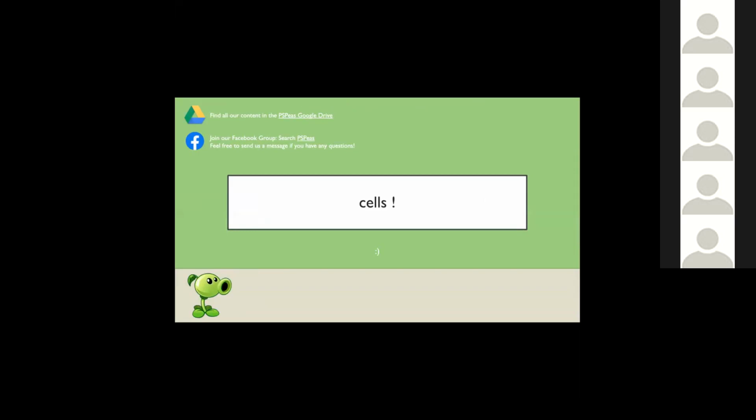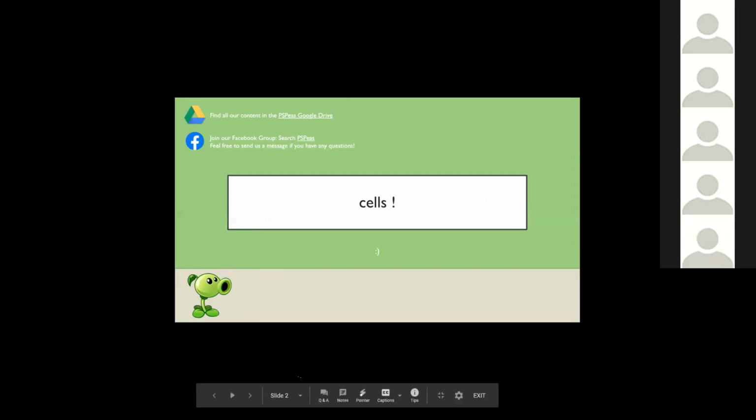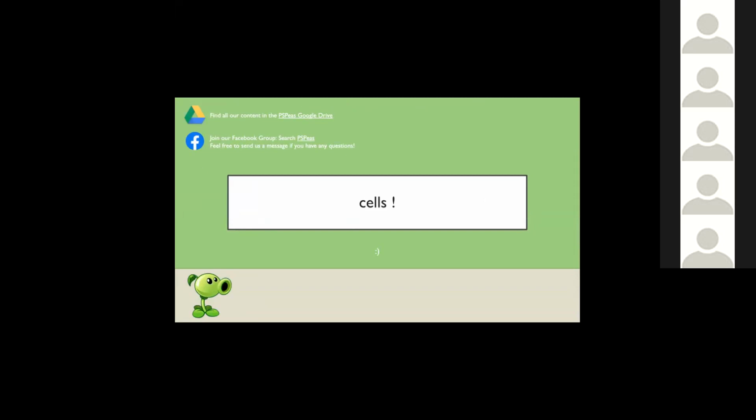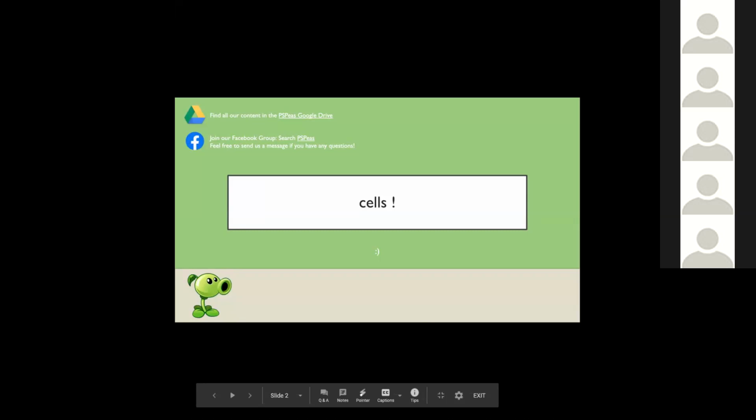Wow. How do I make it so that I can see raising hands while screen sharing? Okay. It's 2:30. I think we'll give it maybe another minute.